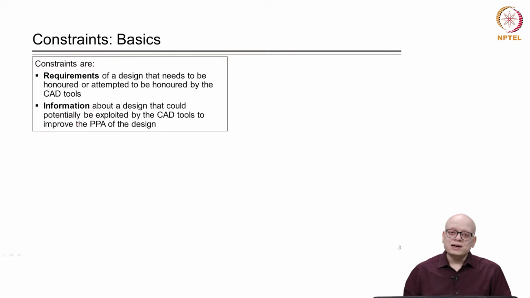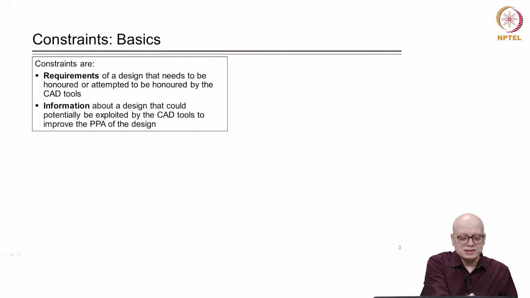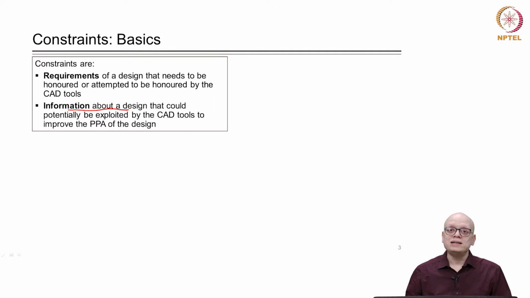And using constraints, we can also convey information about a design that could potentially be exploited by the EDA tools to improve its PPA or perform verification tasks. This information is typically information which the tool cannot easily derive on its own, or is very difficult for the tools to derive.